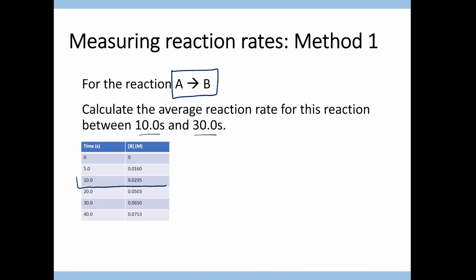So we'll use the values in this row and the values in this row. We have concentration of B measured, so we'll use rate is equal to the change in concentration of B over change in time. This is positive because B is being generated and we don't need a 1/2 or anything because we have a 1-to-1 molar ratio from A to B.